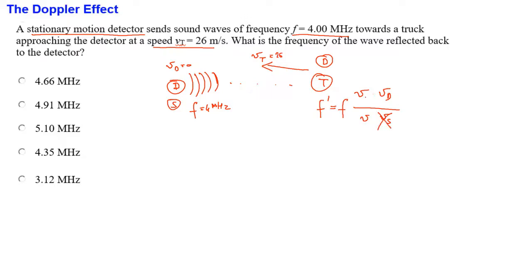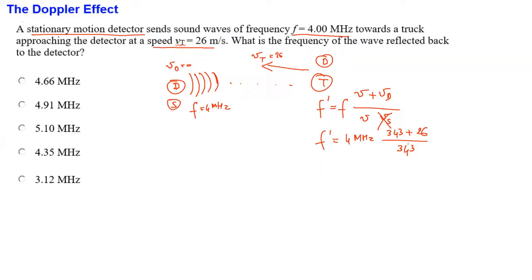Now here I'm approaching, so it will be plus. So F prime is 4 megahertz times (343 plus V track, which is 26) divided by 343.